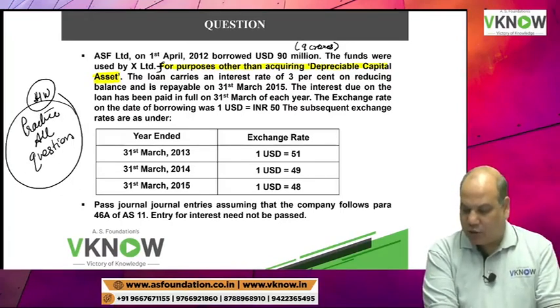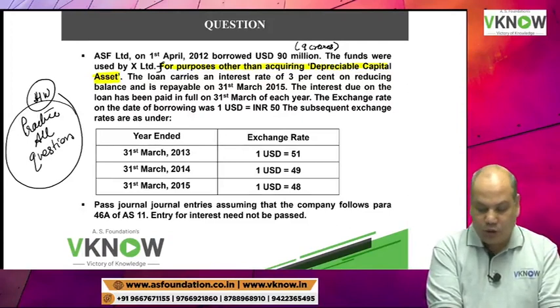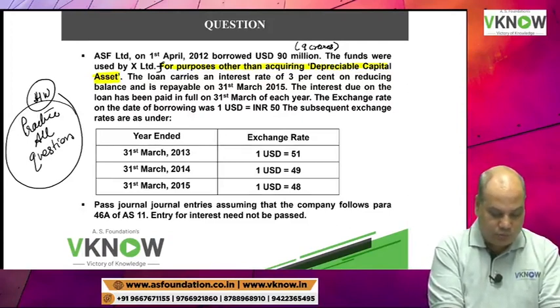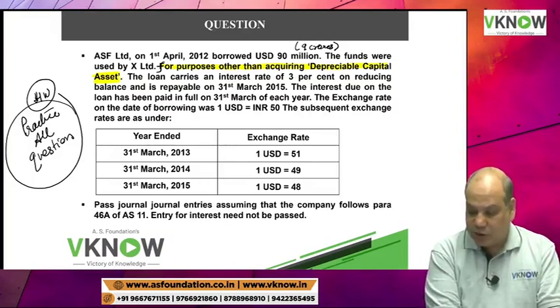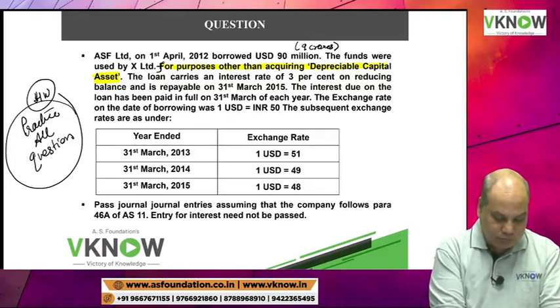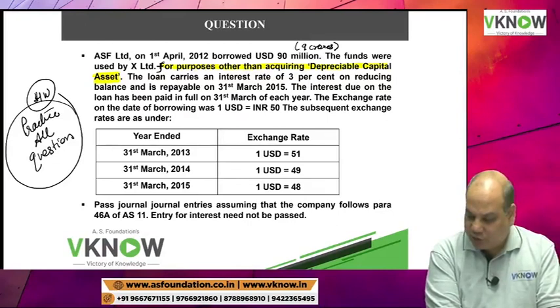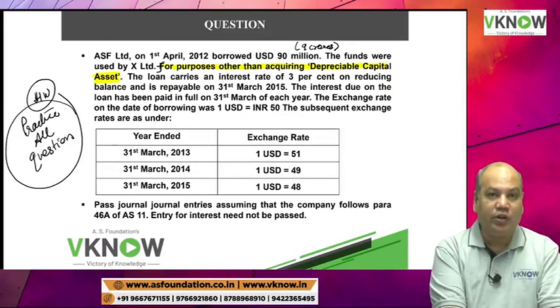The exchange rate on the date of borrowing was 1 USD equal to 50 rupees. The subsequent exchange rates were as follows. Two columns you will draw: year ended and exchange rate.